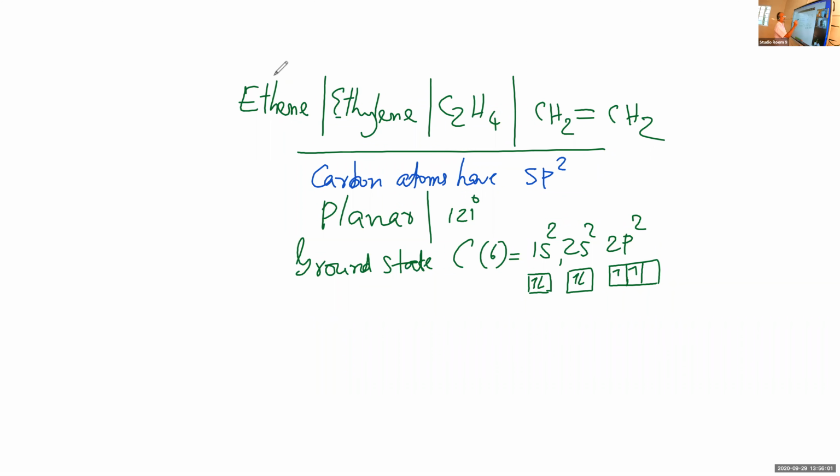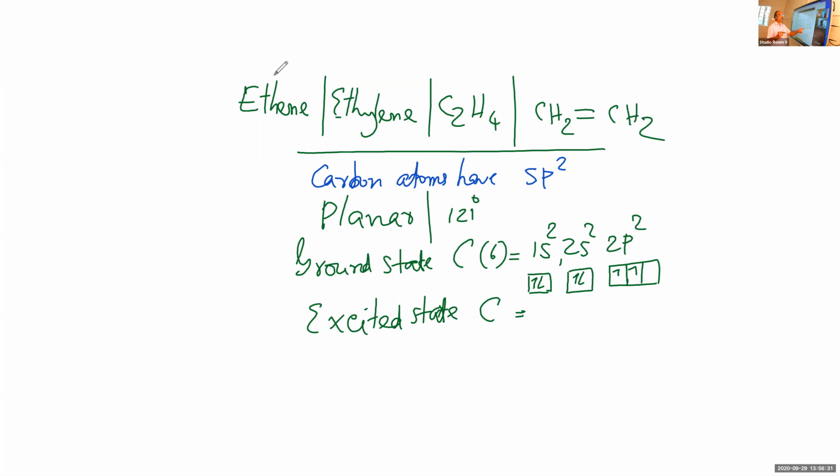Now, during the formation of an ethene molecule, there is excitation for a carbon atom. In the excited state of carbon, the configuration is like this. One of the 2s electrons is excited to the vacant 2p orbital.